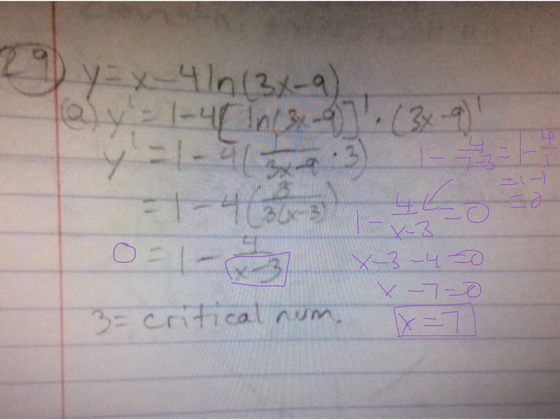So the critical value is x equals 7, and then you would find the y value by putting that back into the original function. You're going to sub in x equals 7 into the original function to get the y value, and that'll give you your point x, y for the critical point.